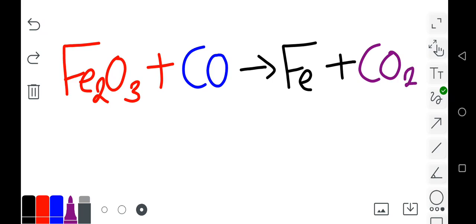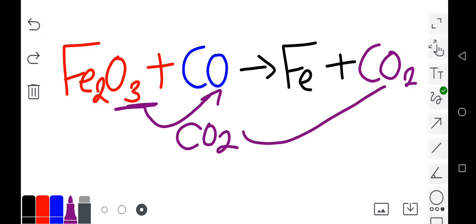Now what is happening? The oxygen from the iron has been lost, thereby adding it to the carbon monoxide, making it carbon dioxide, and that is what we formed there.